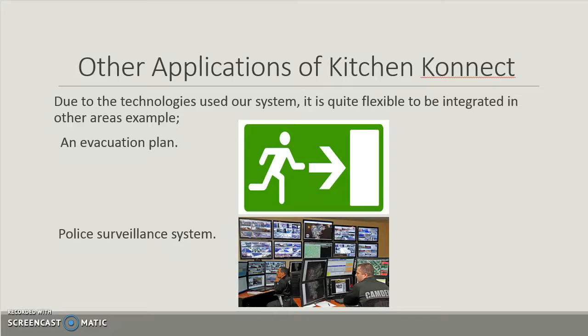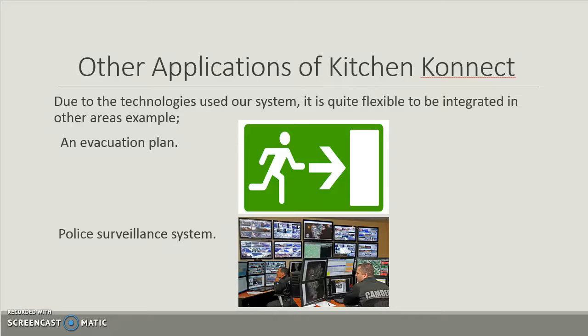So the integration of this system, especially the geofencing aspect, can be used to guide a person to a safe zone. A periodic alert will tell the user that the safe zone is, for example, 1.2 kilometers away, or it could also tell them when they are no longer in close proximity of that safe zone.